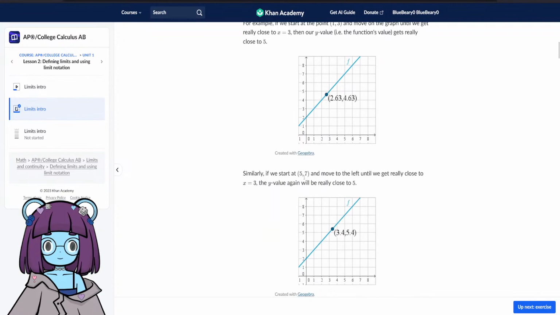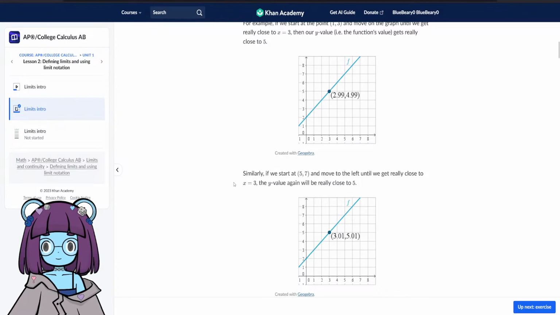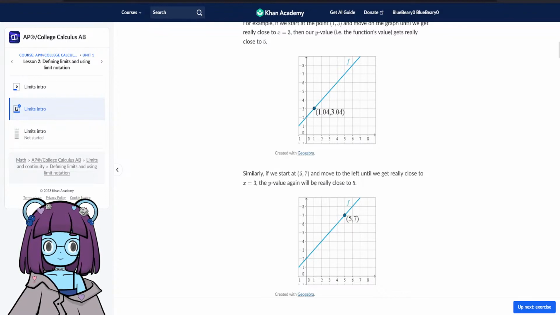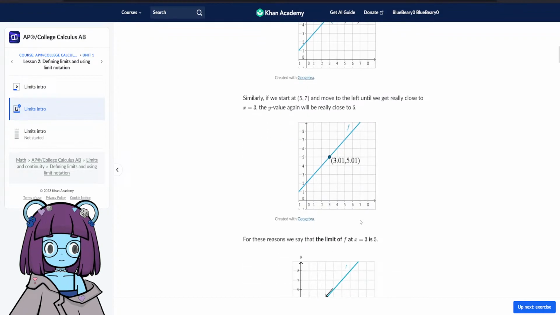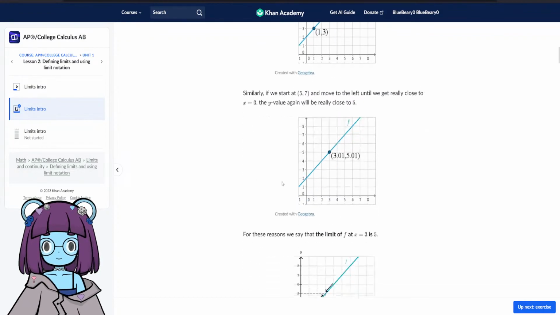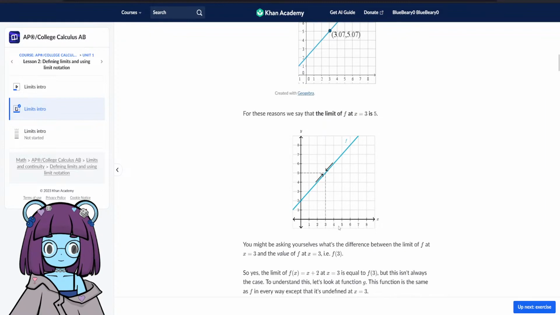Similarly, if we start at 5, 7 and move to the left until we get really close to x equals 3, the y value again is really close to 5. So it approaches 5 from either direction. For these reasons, we say that the limit of f at x equals 3 is 5.